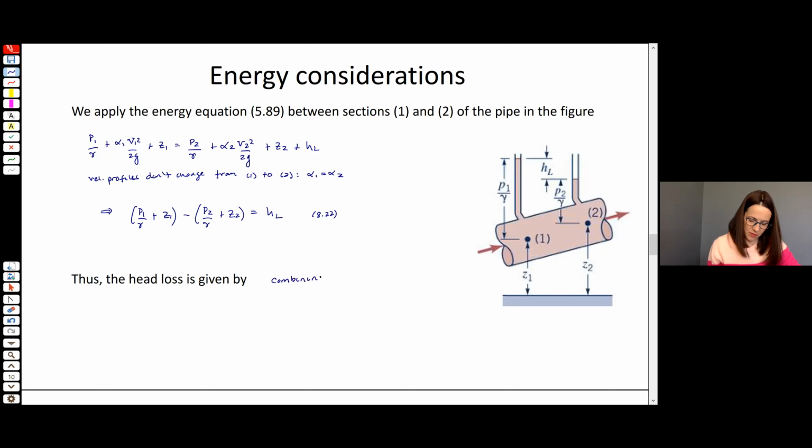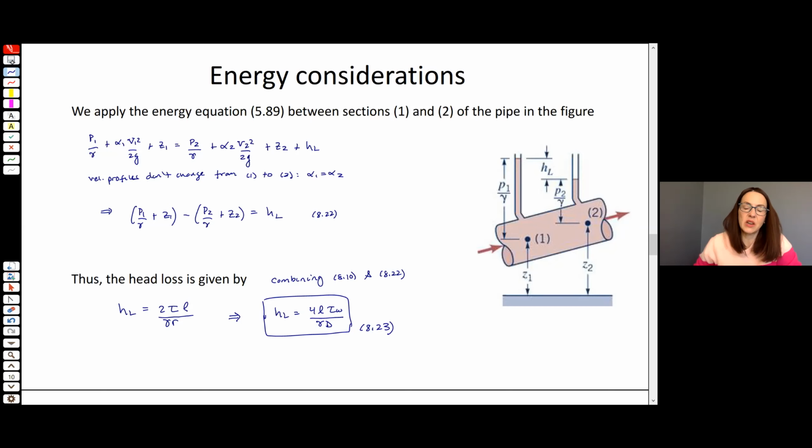Combining 8.10 from the previous slide and 8.22, we get the head loss is 2 times the shear stress tau times L over gamma of the fluid times R, which can be written in terms of the wall shear stress like this: 4 times L times the wall shear stress over gamma times D. And this is equation 8.23.